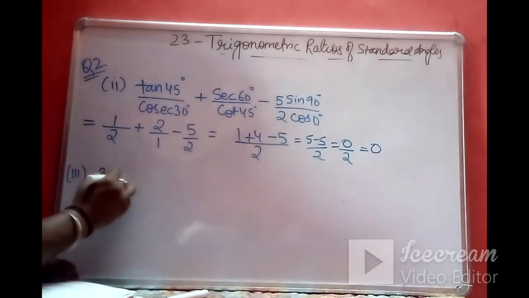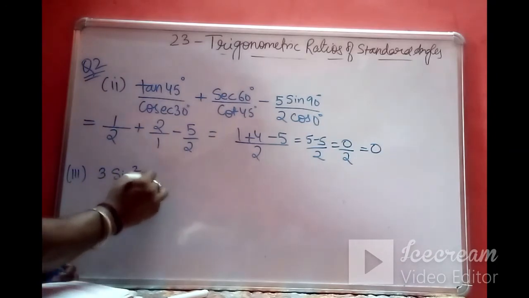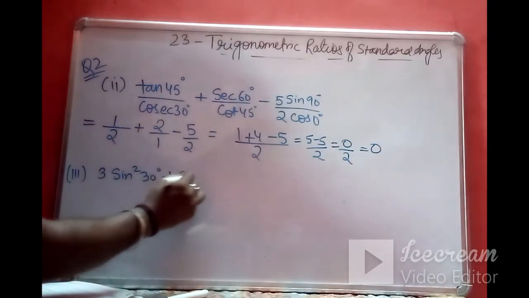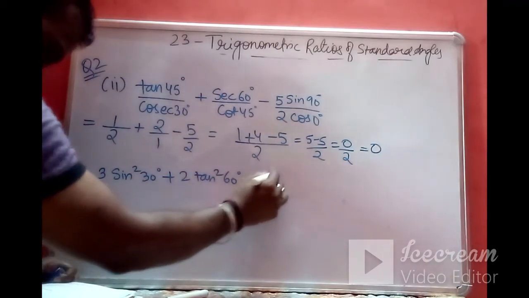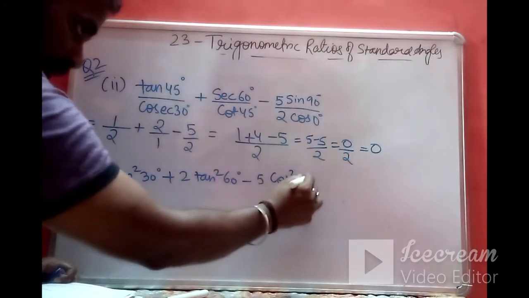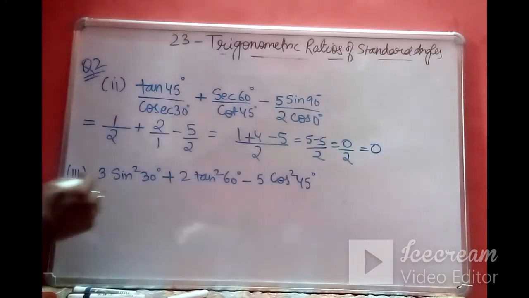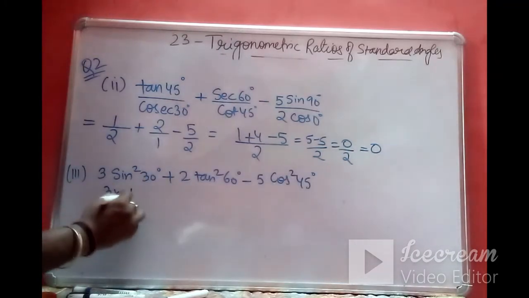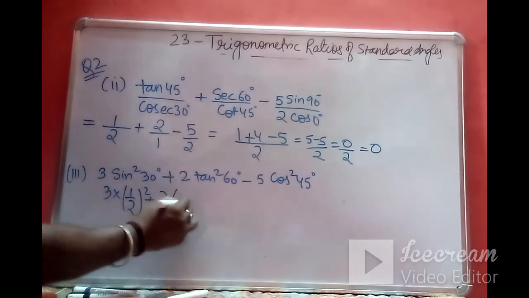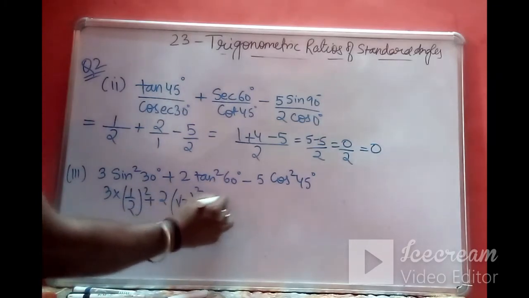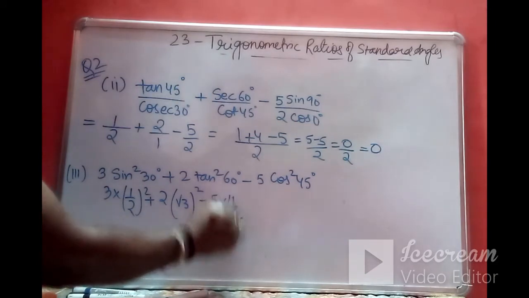Similarly, if it is 3 sin square 30 degree plus 2 tan square 60 degree minus 5 cos square 45 degree, again we will put the values. Sin 30 is 1 by 2, tan 60 is root 3, then cos 45 is 1 by root 2.